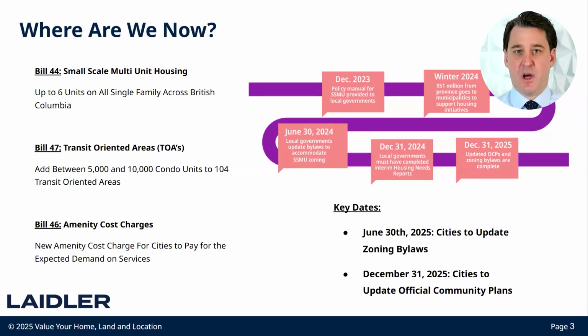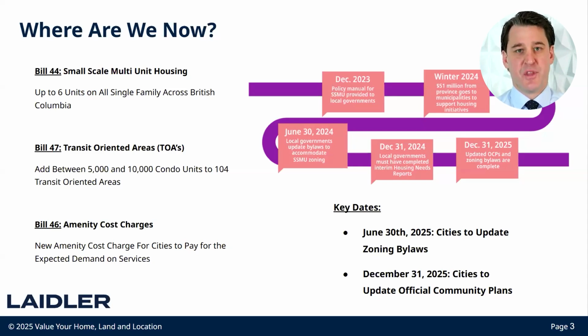In the last 6 months, we've been evaluating these projects city by city, and Burnaby's had the largest uptake, with staff suggesting that there's been over 200 preliminary applications for 4 to 6 unit developments in the first 6 months of the program.